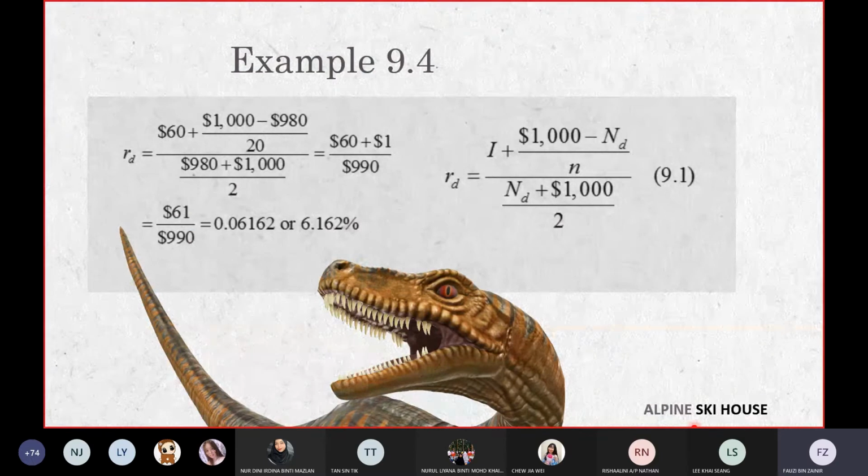Substituting the appropriate values from the Duchess Corporation example into the formula given in equation 9.1, we got the answer as 6.162%.